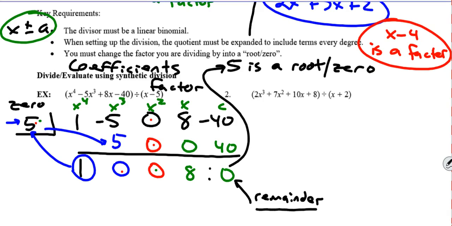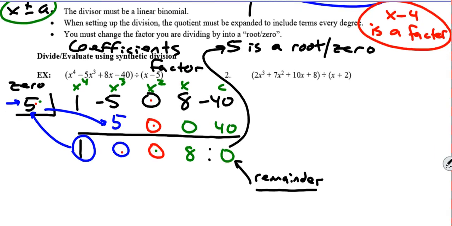Now, you need to rewrite these coefficients at the bottom as the result. So this also means x minus 5 is a factor. x minus 5 is a factor, 5 is a root. So we need to rewrite what we have left. We divided by 1 degree, so what's left is the next degree down from x to the 4th.